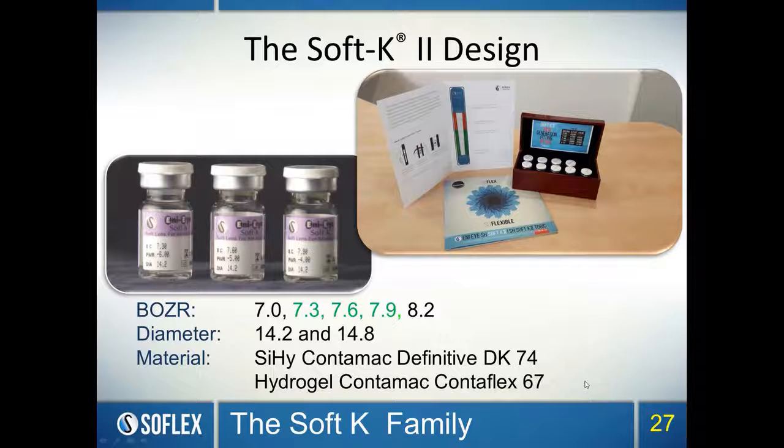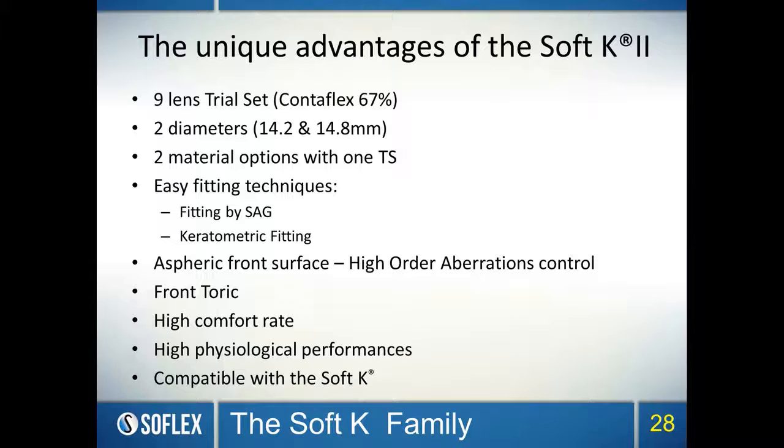The Soft K2 design is based on the Soft K lens that we talked about before. The unique advantage of the Soft K2: it has only a 9 lens trial set manufactured from the hydrogel Contaflex 67%.